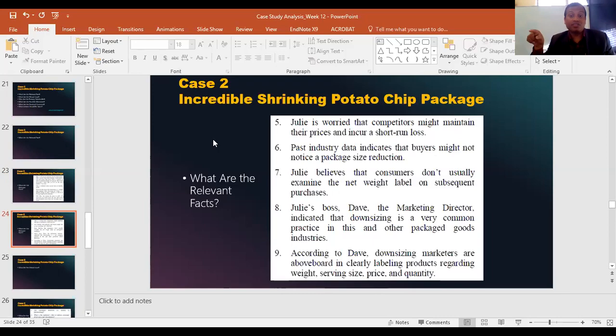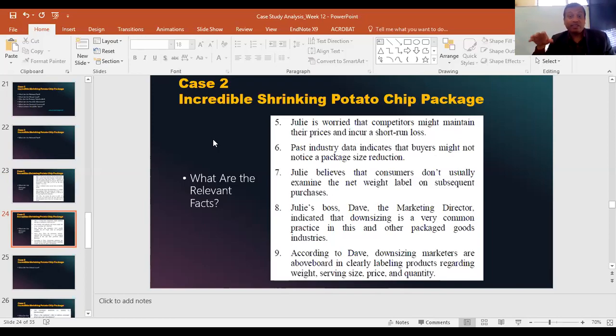Past industry data indicates that buyers might not notice the package size reduction. That is the fact. Julia believes that consumers don't usually examine the net weight level on subsequent purchases. That is quite obvious also, but this is the fact given in the case. The last two facts are around Dave.